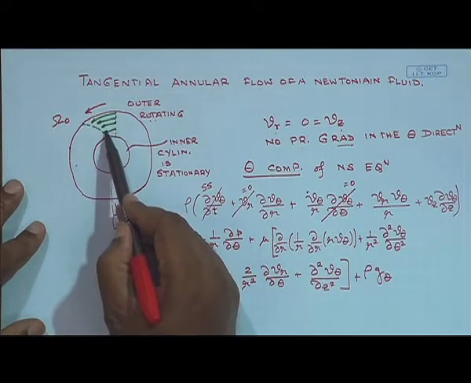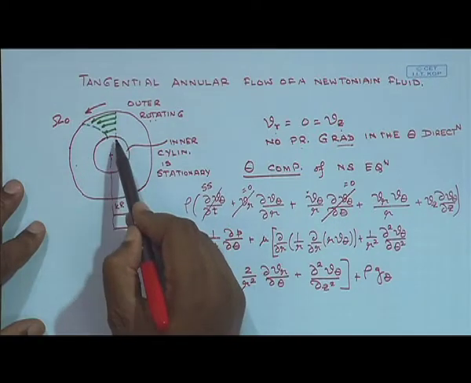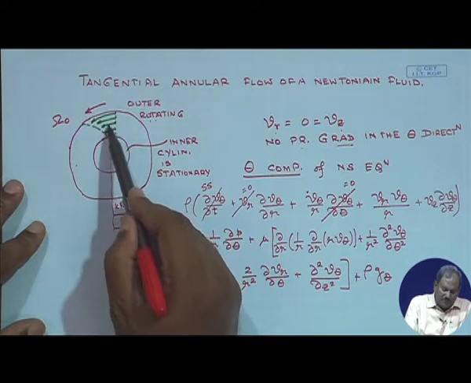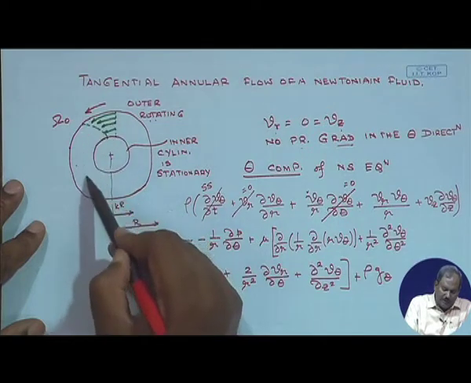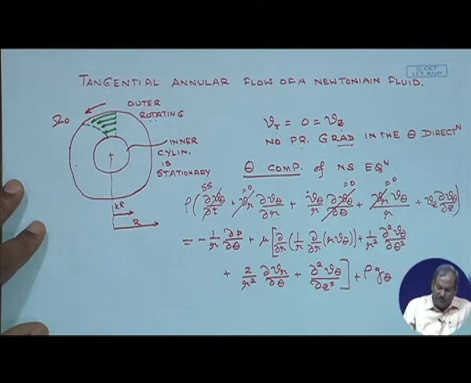So if you fix the r, the velocity is not a function of theta. Velocity is a function of r.